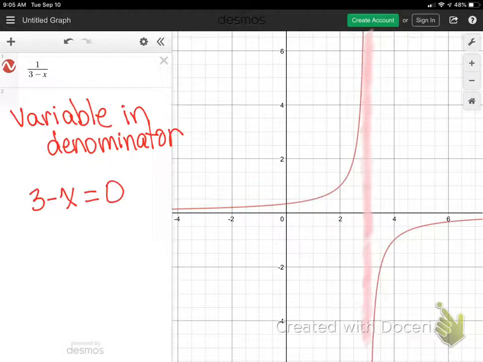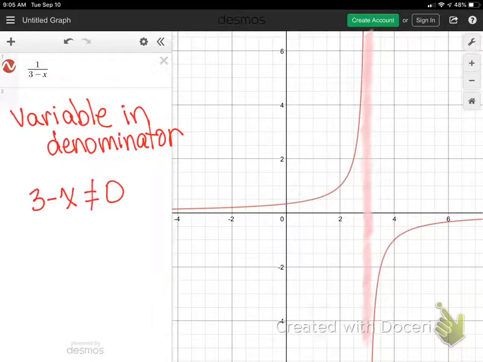I don't care anything about the numerator. In this situation, my numerator is 1, but it doesn't matter what it is. I'm only worried about the denominator. And whatever values of x make that 0, that's what x cannot be.